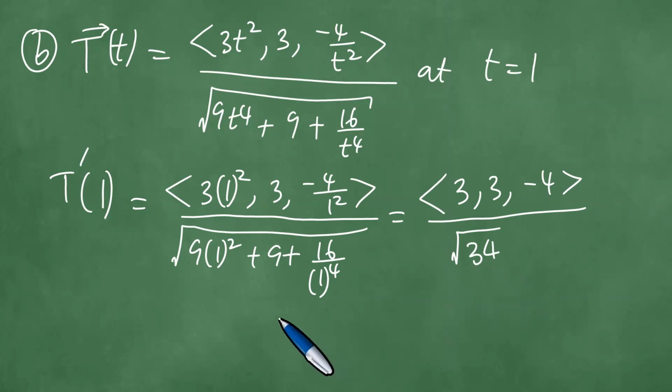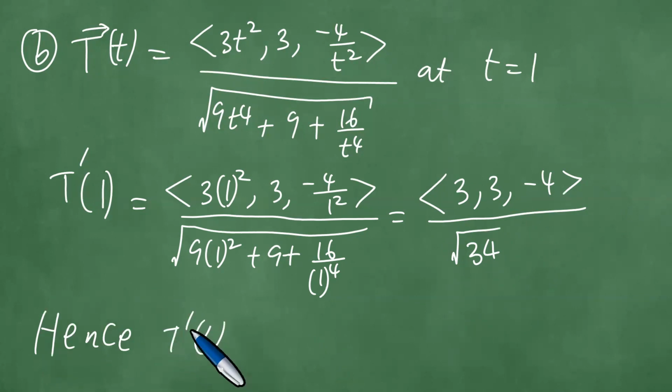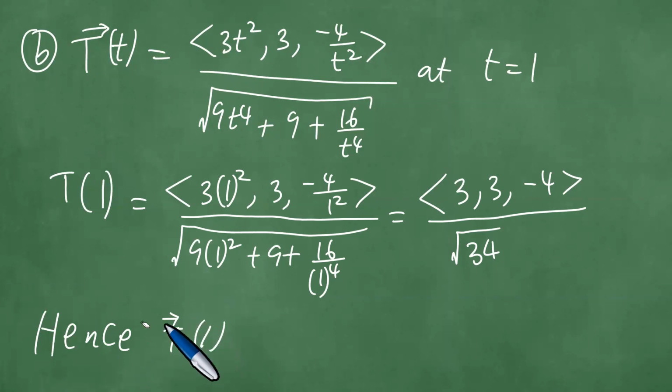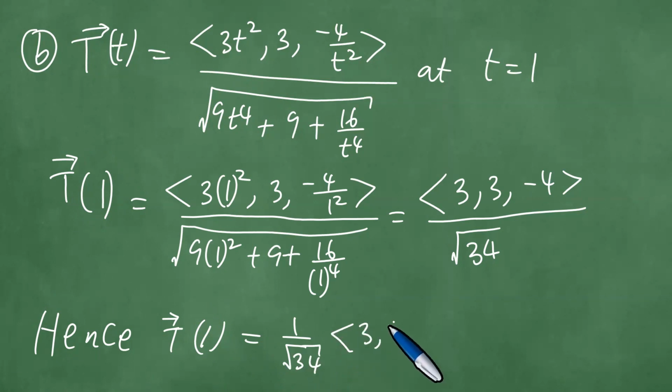Hence, our vector T of 1, not primed here, just the vector T, is actually 1 over the square root of 34 times 3, 3, minus 4.